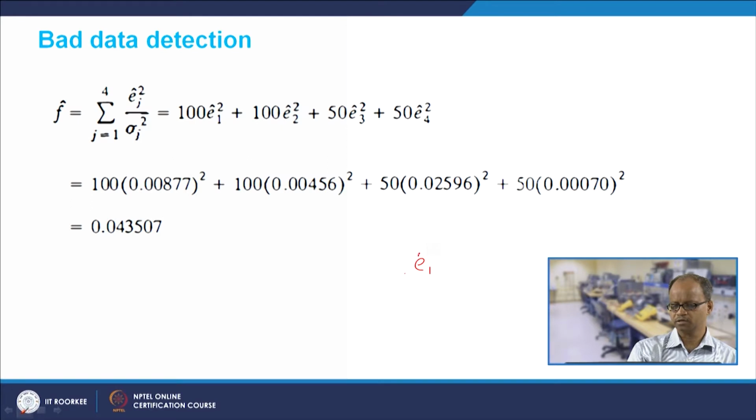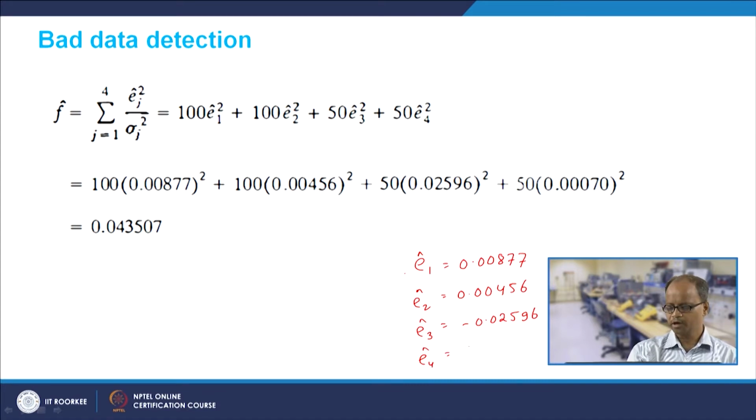E1 hat is equal to 0.00877, E2 hat was given by 0.00456, E3 hat was minus 0.02596, and E4 hat was minus 0.00070.